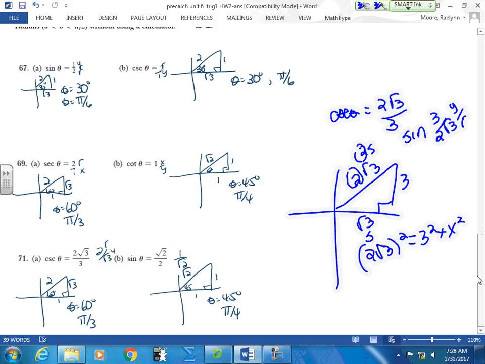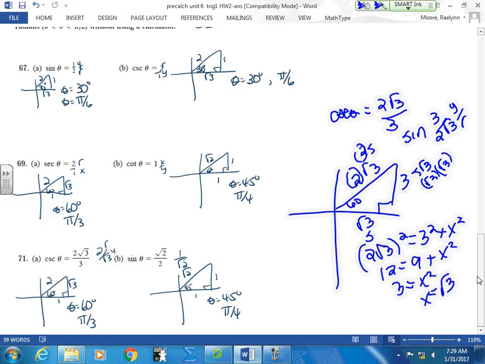So this gives me 4 times 3, 12. Subtract the 9. So x is equal to radical 3, right? So this is my side, my 2 sides. See it? Multiplied by 2. This is my side radical 3. So if I take my radical 3 times radical 3, isn't this a 60-degree angle?